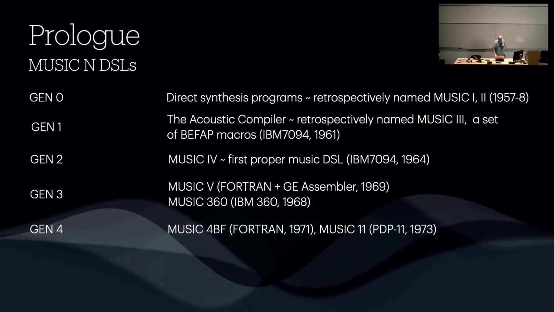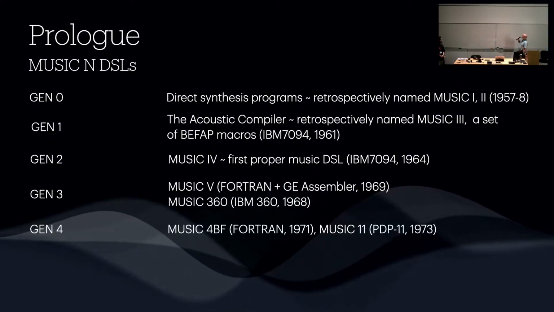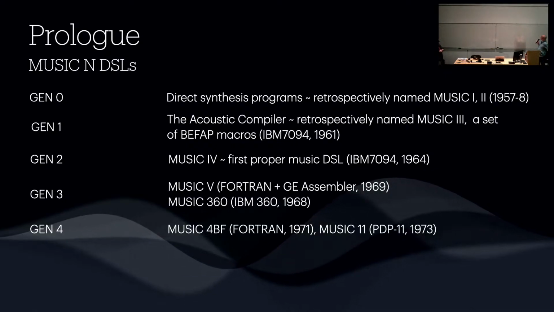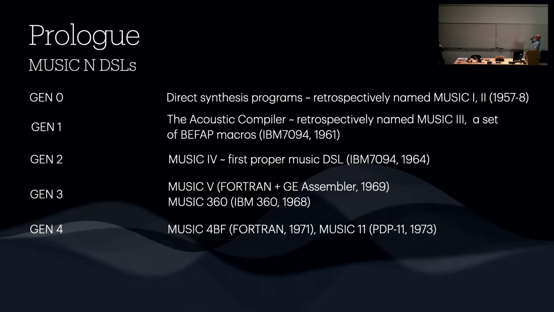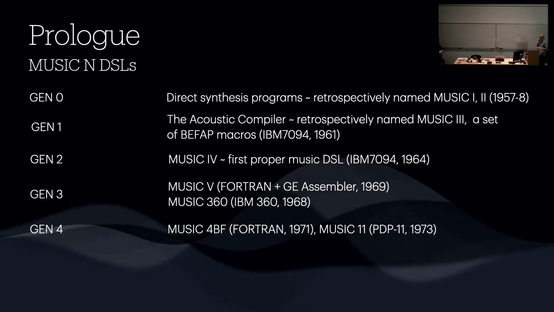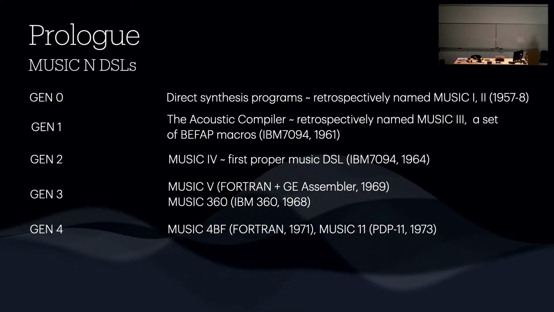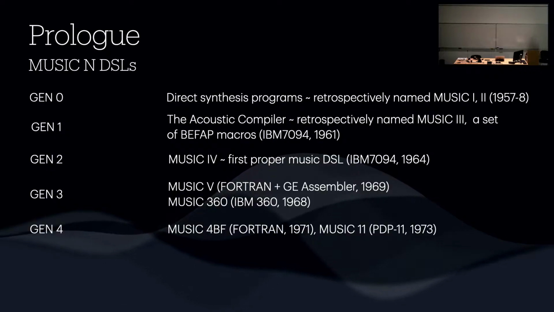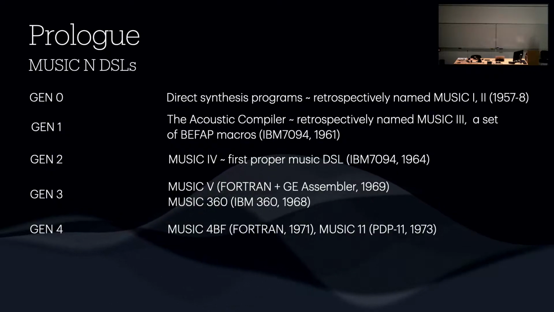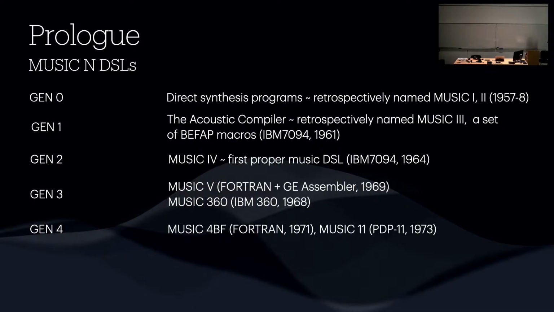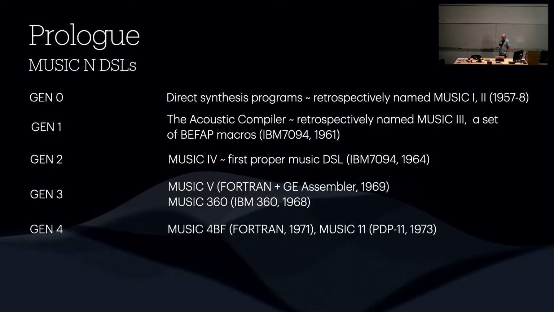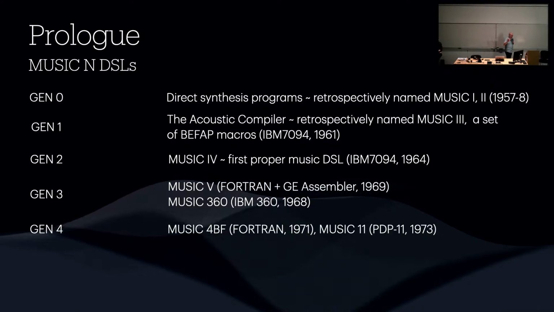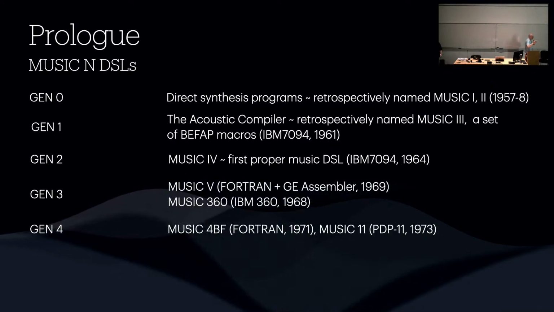We'll move on in the 70s to generation 4, where you have the Fortran encoding of Music 4B, which is Music 4BF. It's very different on the surface to Music 4, but actually a lot of the paradigm is in there. And then Music 11, which was an evolution of Music 360, because, of course, the IBM 360 was a really expensive computer.